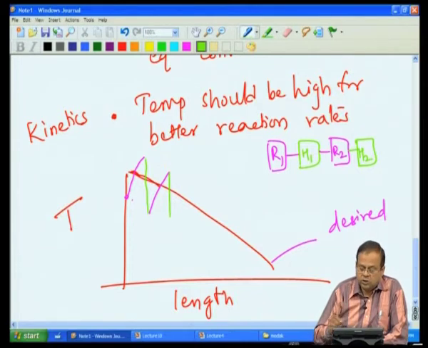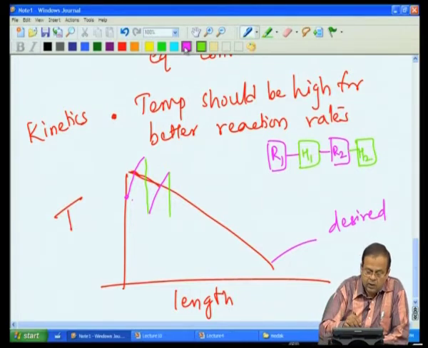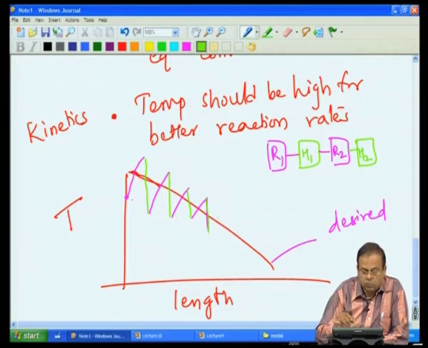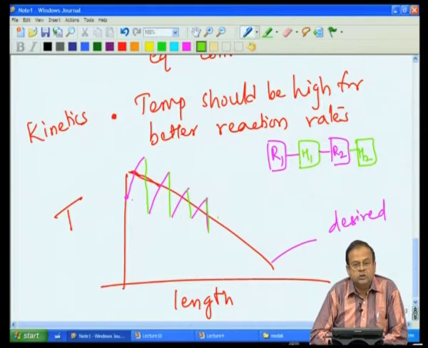So, this is one possibility, right, and I can keep on doing this as long as depending on my design criteria. So, that's one way of doing it.